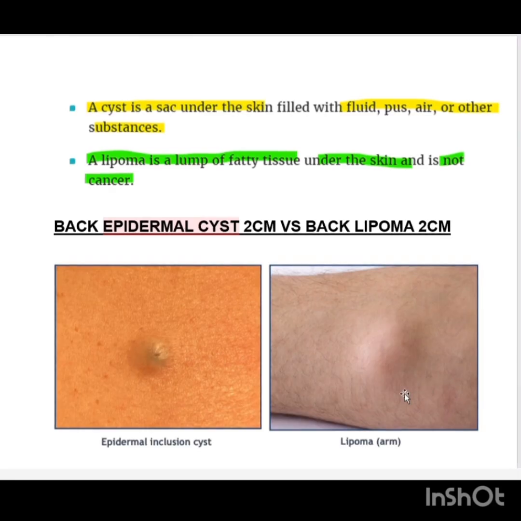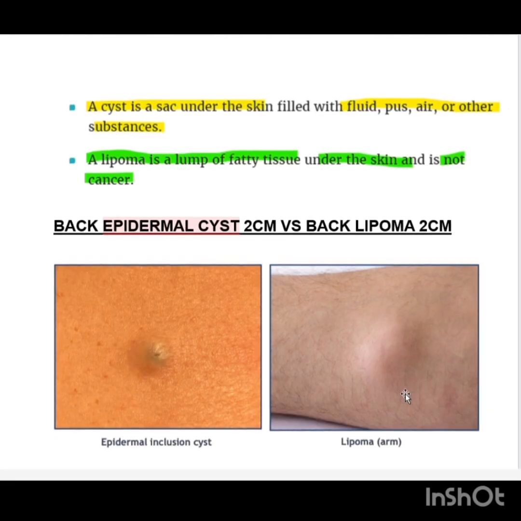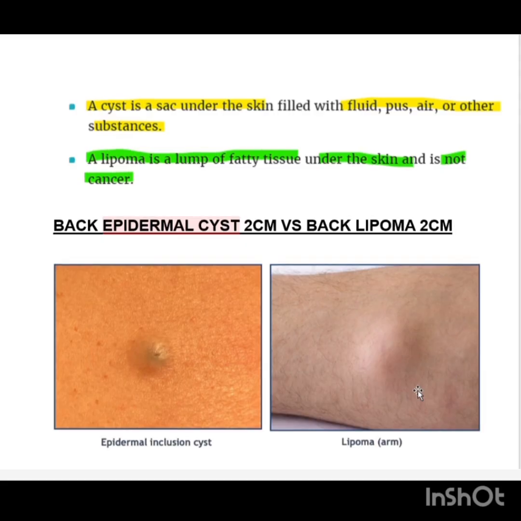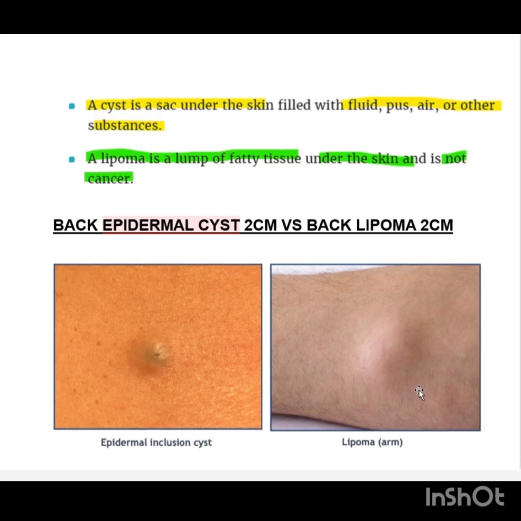So initially, doctor always says it's a mass. Okay, and that is where when we see an op note, we always wait for the pathology report to come before we code it, because we need a definitive diagnosis to code the ICD and CPT, because the CPTs are diagnosis based. That is why diagnosis is very, very important.